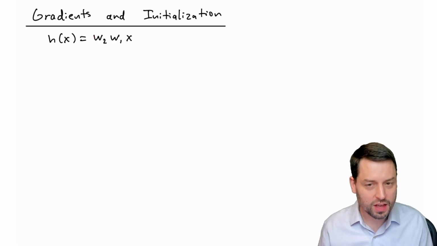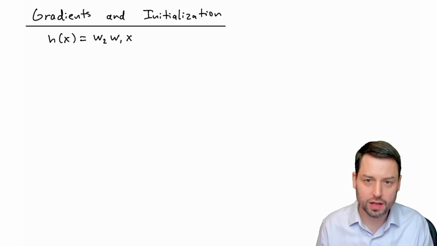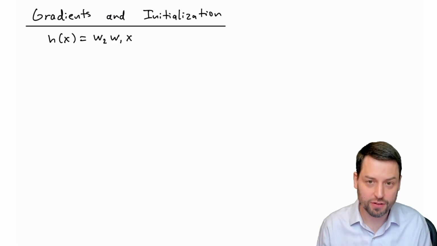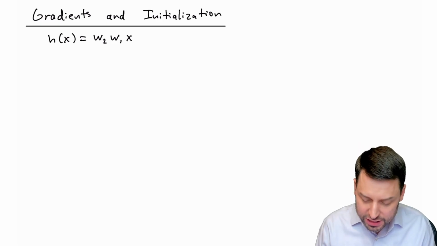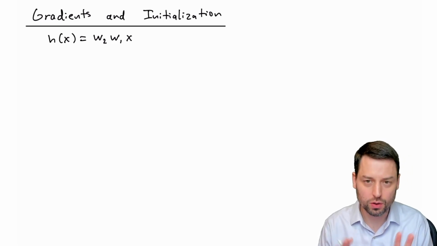But the interesting thing here is when you actually look at the gradients and the derivatives of this function with respect to the parameters, it is in fact different from a linear model. So let's just think about this for a moment. Let's think about what the gradient would be. This is actually all scalar values.